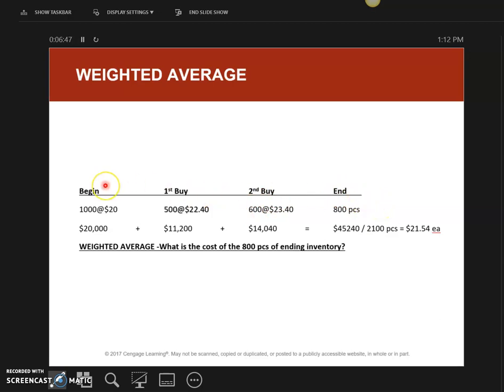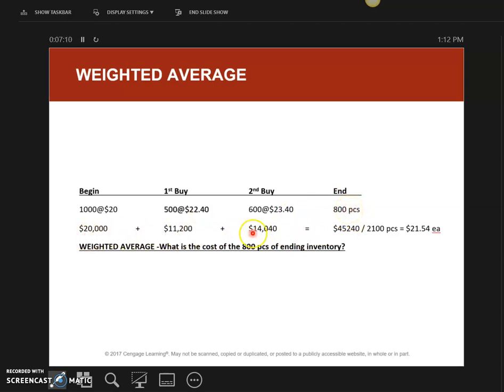I need to figure out the total cost of my inventory. So 1,000 times 20 is 20,000, plus 500 pieces times $22.40 equals 11,200, plus 600 pieces times $23.40 equals 14,040. Do not add the 800 pieces in here.